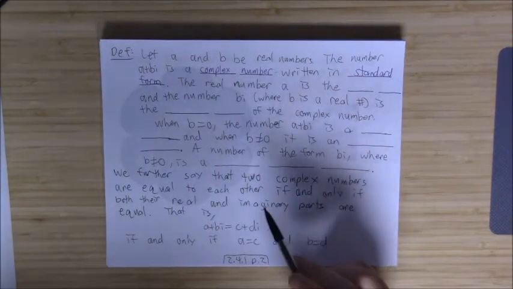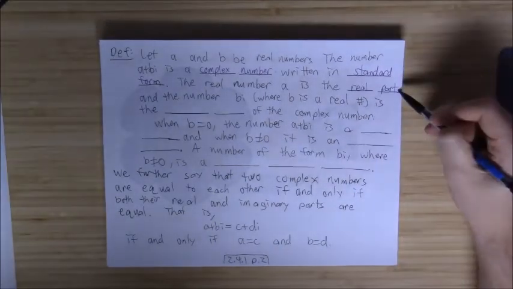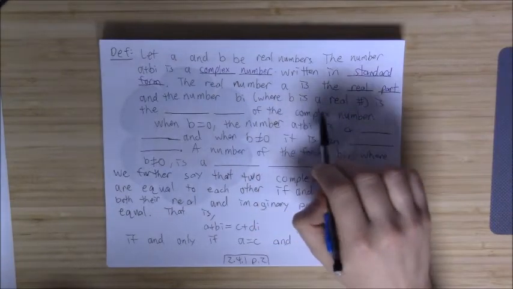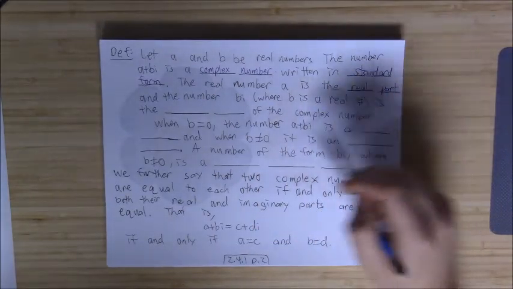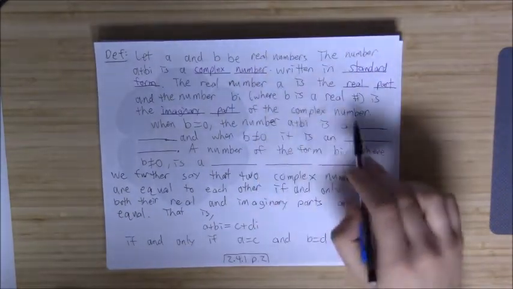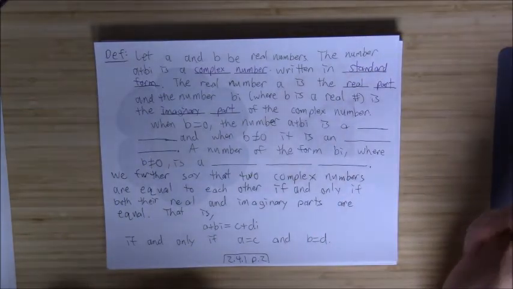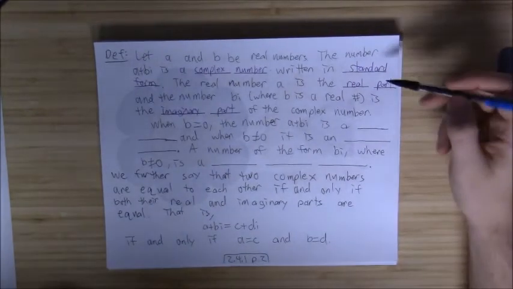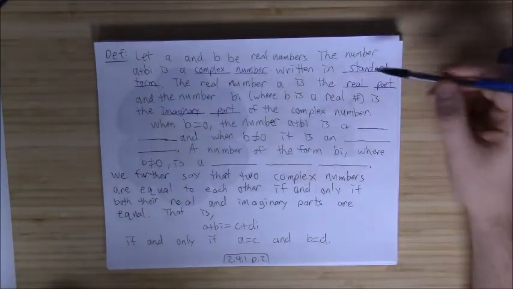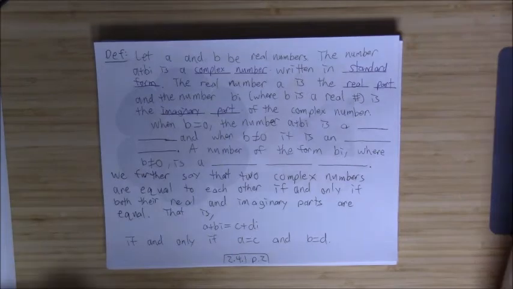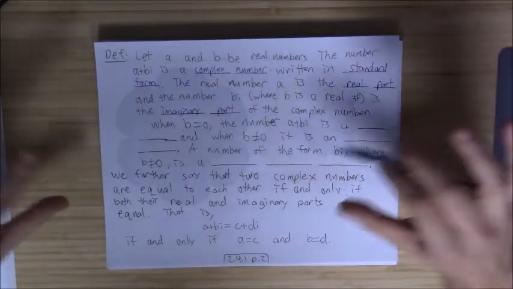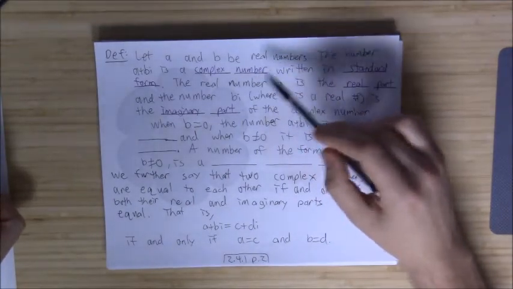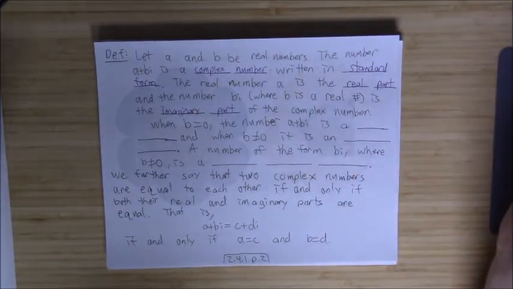The real number a is called the real part of the complex number, and the number bi, where b is assumed to be a real number, is the imaginary part of the complex number. Taking a bit of a step back, it's important to realize that you can think of the real numbers and the imaginary numbers as two halves of the same whole, which is the complex number. And this is our more general understanding of what a number is now.